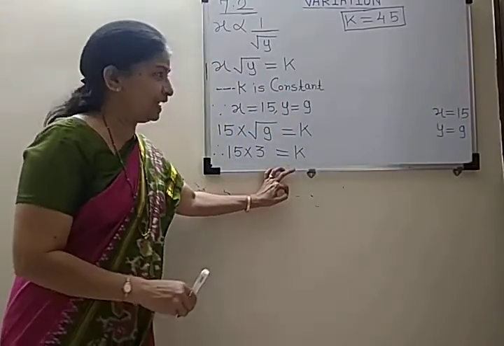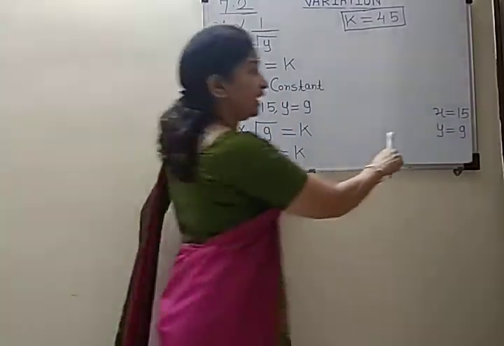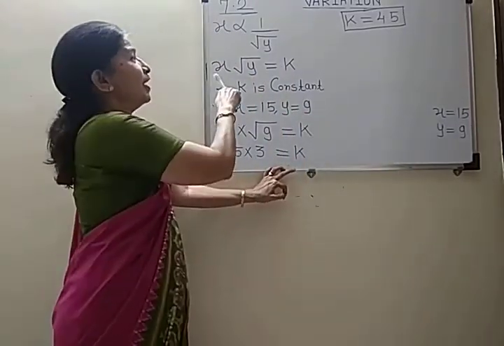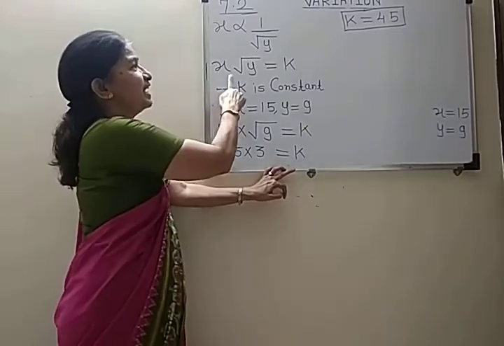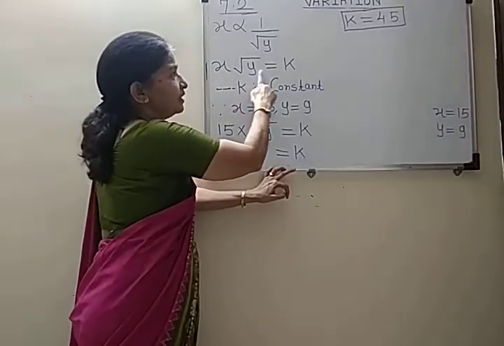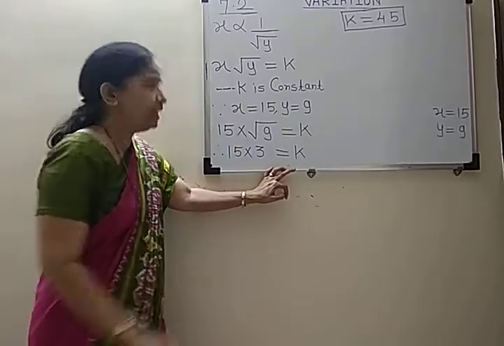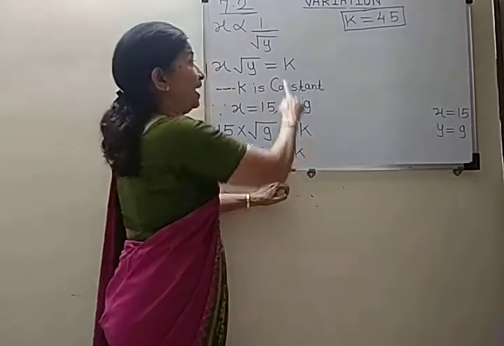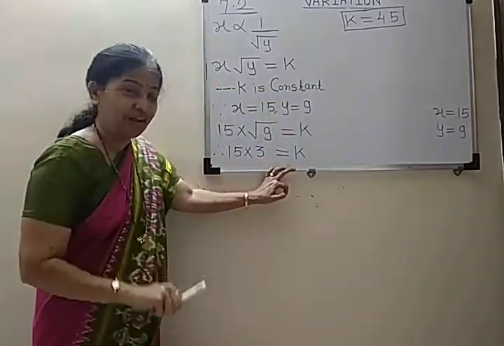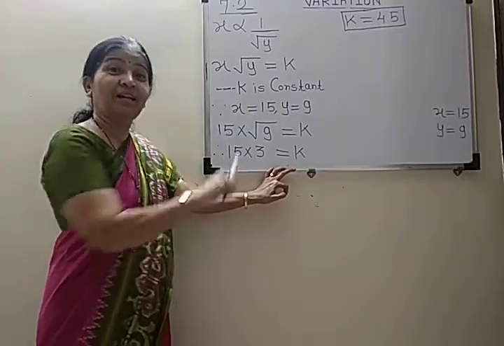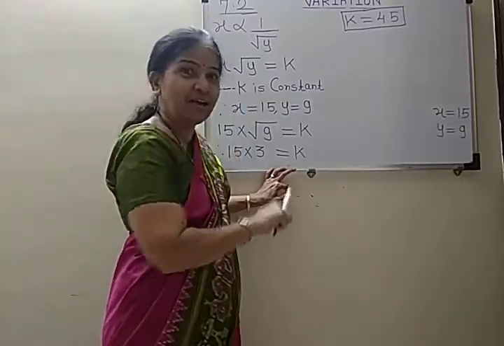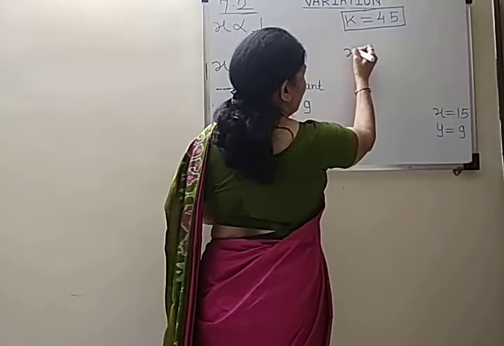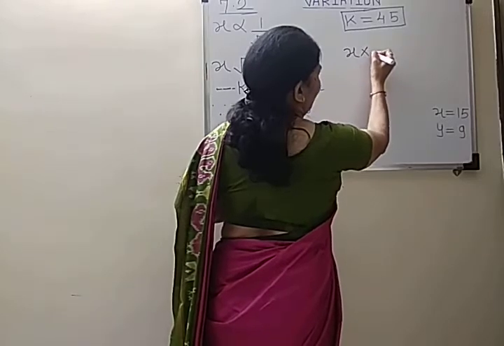Now, how can I write equation of variation? So, for equation of variation, consider this second step. Here, just substitute the value of k, which is constant, then it is your equation of variation. That means x into root y.